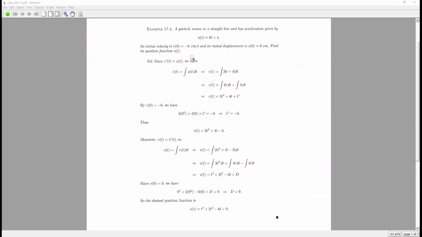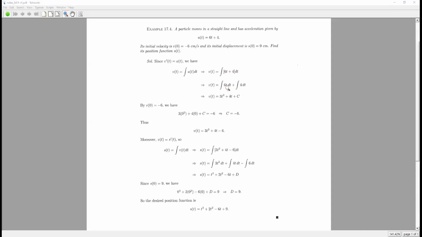In other words, velocity is the indefinite integral of acceleration. Acceleration in this example is 6t plus 4. Then we compute this integral to get velocity. This is a summation formula.